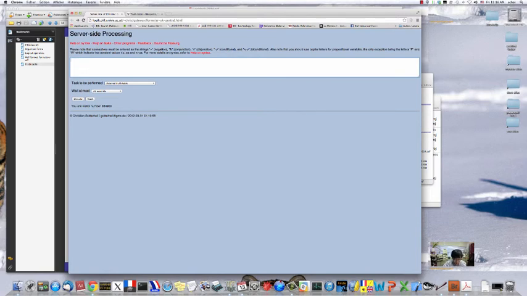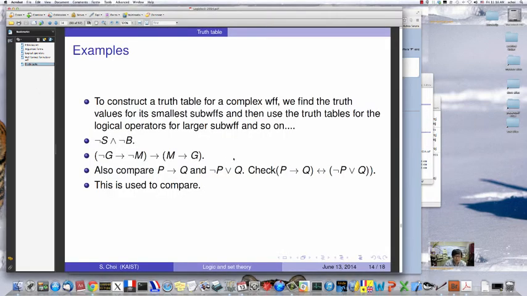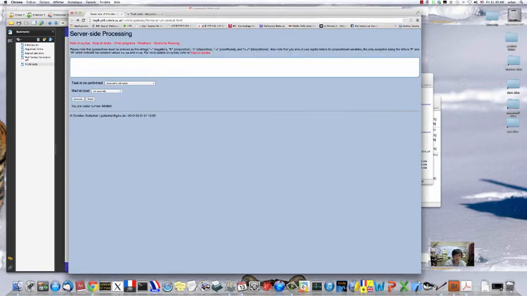So this one you can check. So this part is equivalent to this part. That's what we are trying to show.